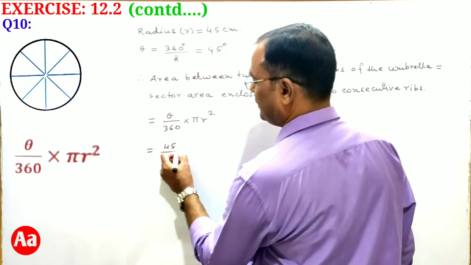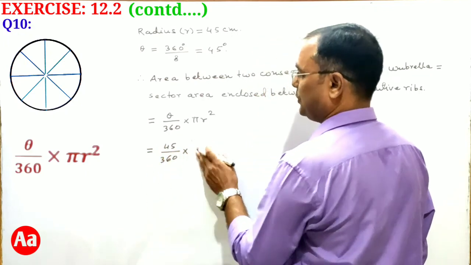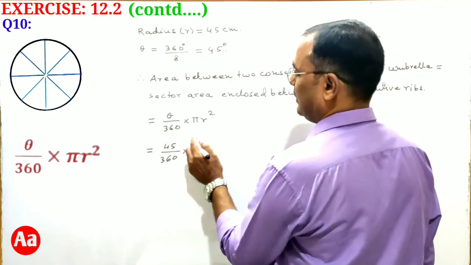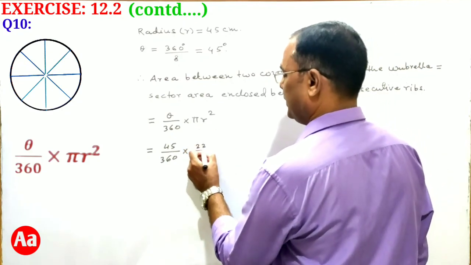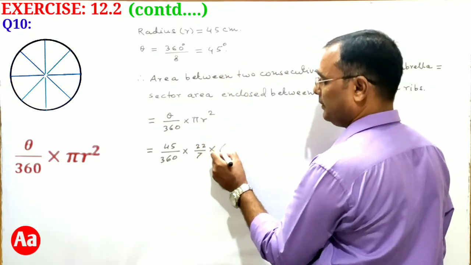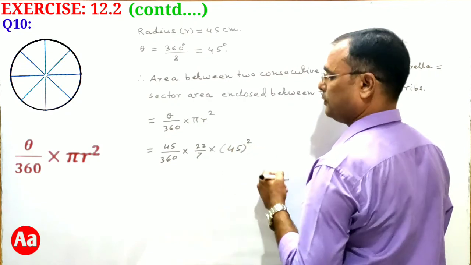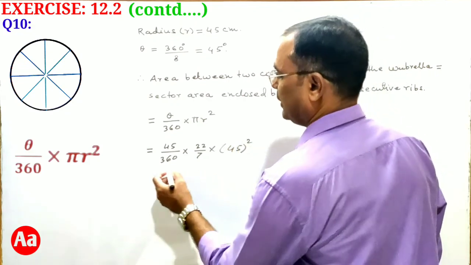45 degrees by 360 into 22 by 7 into r, 45, so 45 whole square.